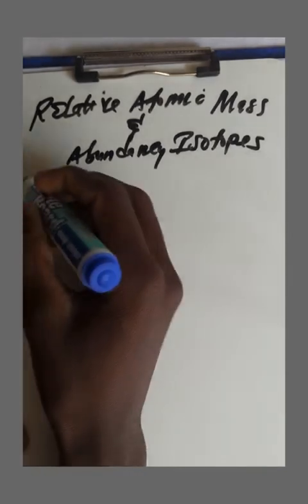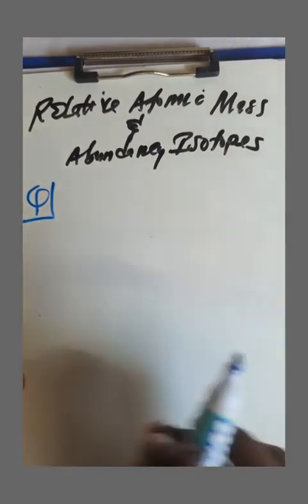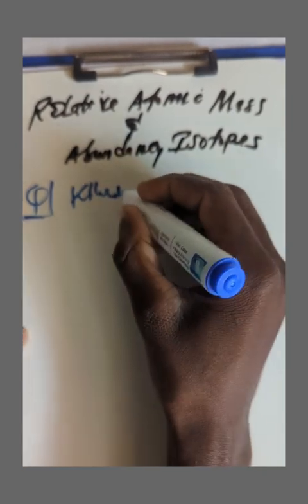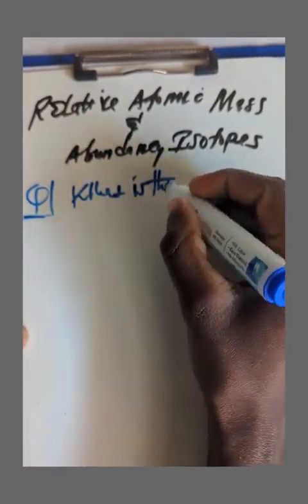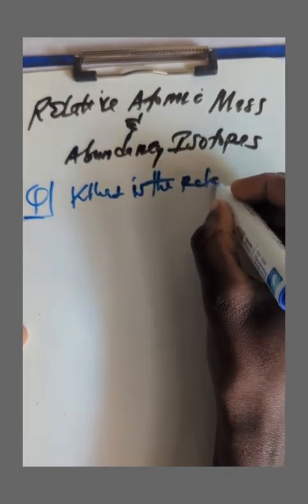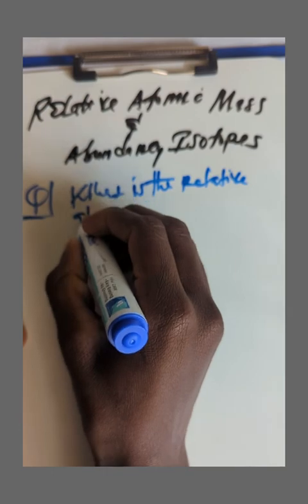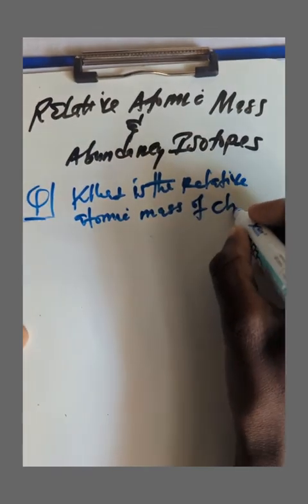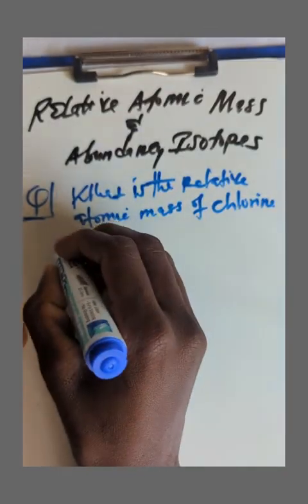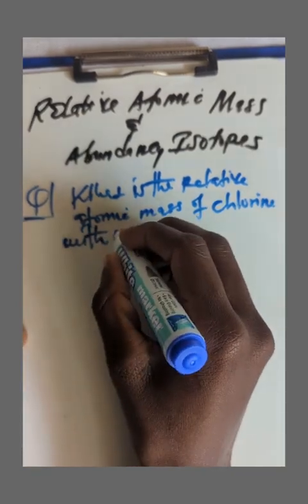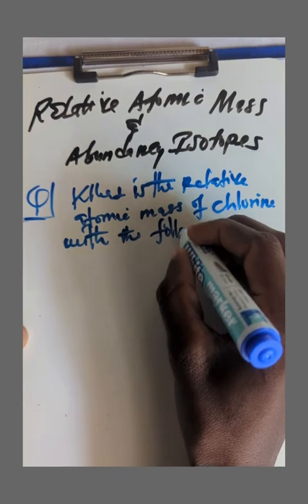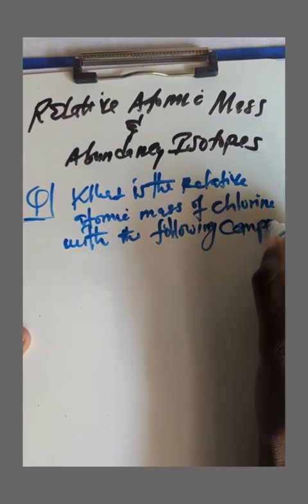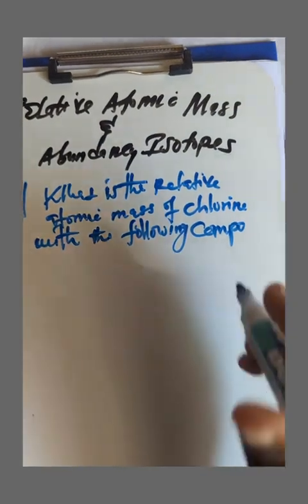So let's say, what is the relative atomic mass of chlorine with the following composition?